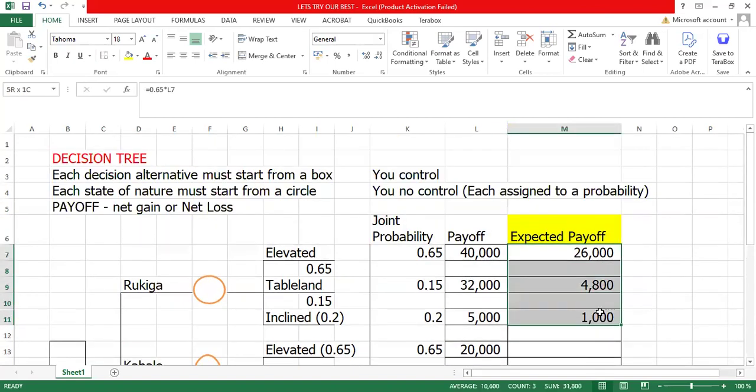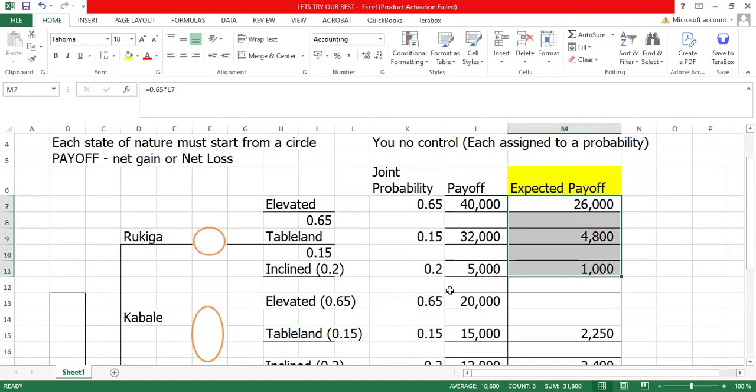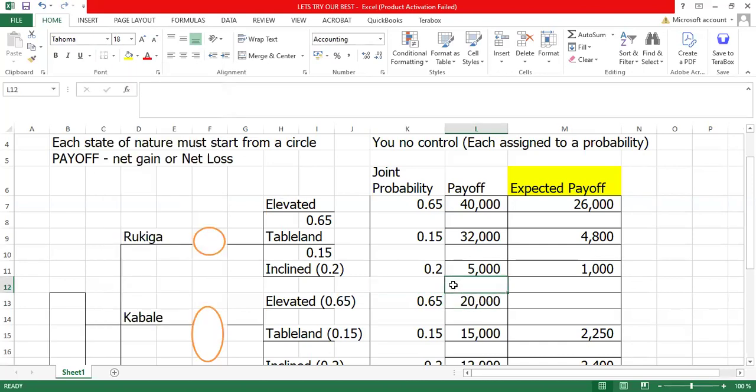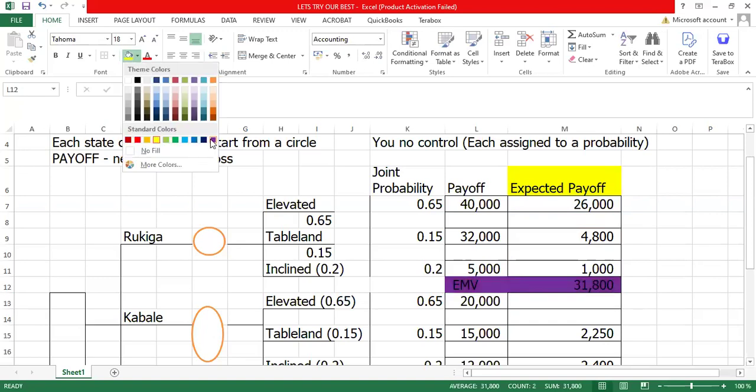We add these values, and you can call this one expected monetary value. Get this plus this plus this. That is your expected monetary value when it comes to Ruchiga.